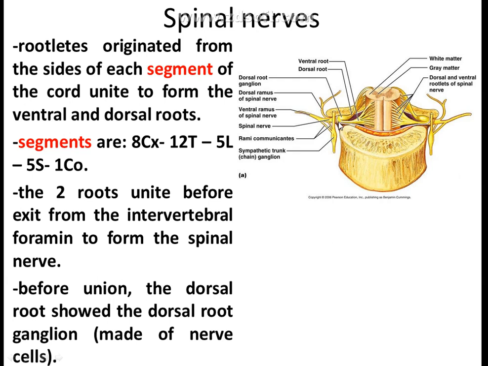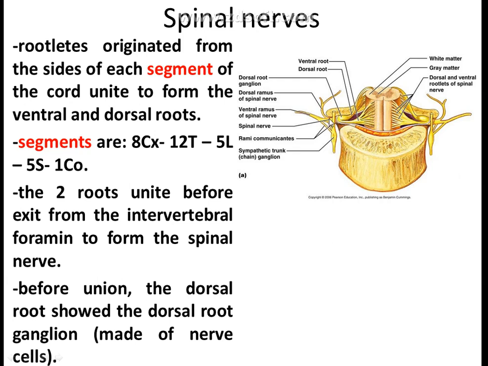We can see that the dorsal root shows a dilatation before the intervertebral foramen, that means before union of the dorsal and ventral roots to form the spinal nerve. This dilatation in the dorsal root before union with the ventral root is called the dorsal root ganglion, and actually this dilatation contains nerve cells, neurons, which are sensory neurons. We will talk about this later on.